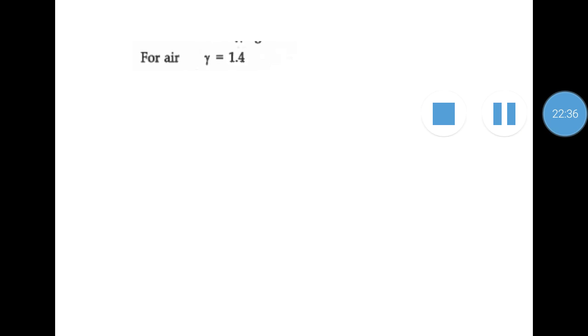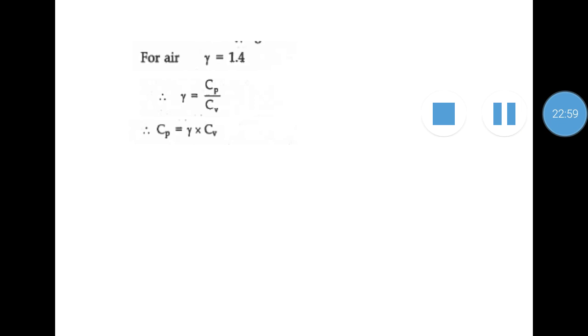Next we have to find out Cp. For air we know that gamma is equal to 1.4, and the ratio of specific heat at constant pressure divided by specific heat at constant volume gives the adiabatic index, that is gamma is equal to 1.4, as given here. So using the relation gamma is equal to Cp divided by Cv, we can calculate Cp is equal to gamma into Cv.